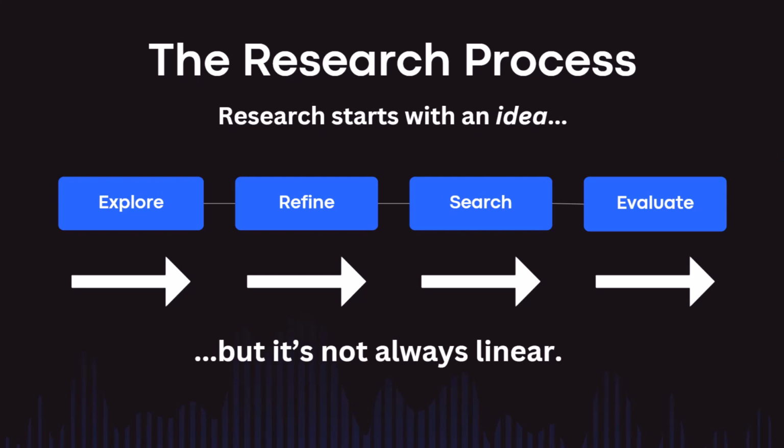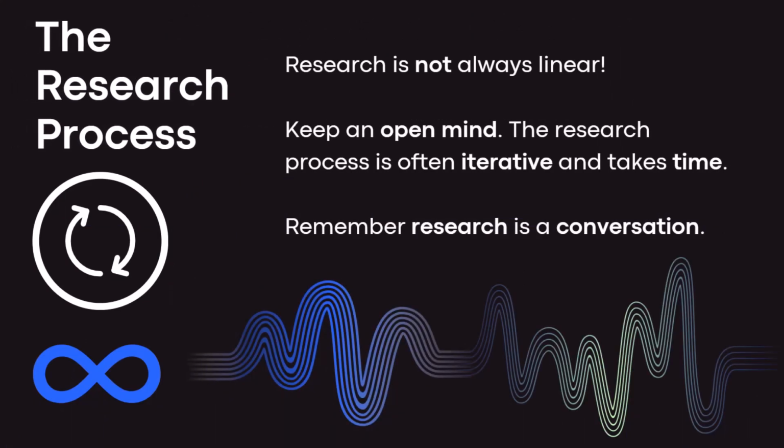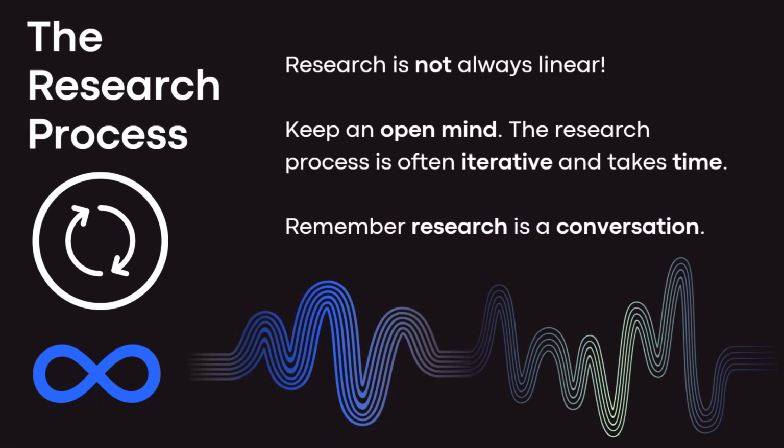And sometimes this sort of linear approach doesn't necessarily yield all the answers you need. So it is helpful to start with these steps, but keep in mind that the process is iterative and will not always look the same way every time you write a paper or start a new research project. The research process can often be more like a cycle with repeated elements, or like a winding path with many entry points.